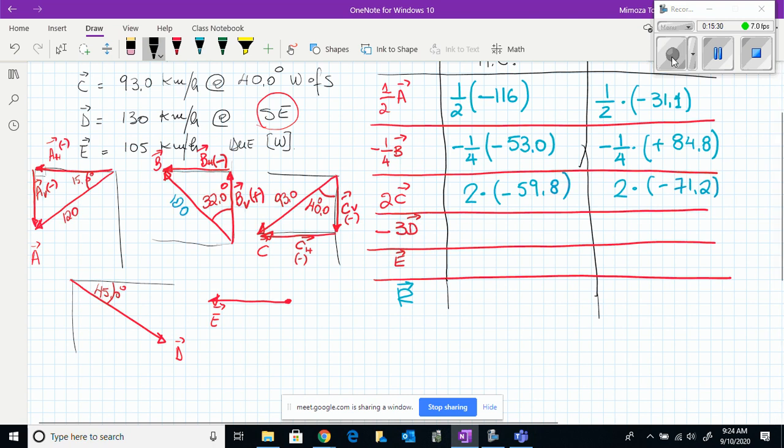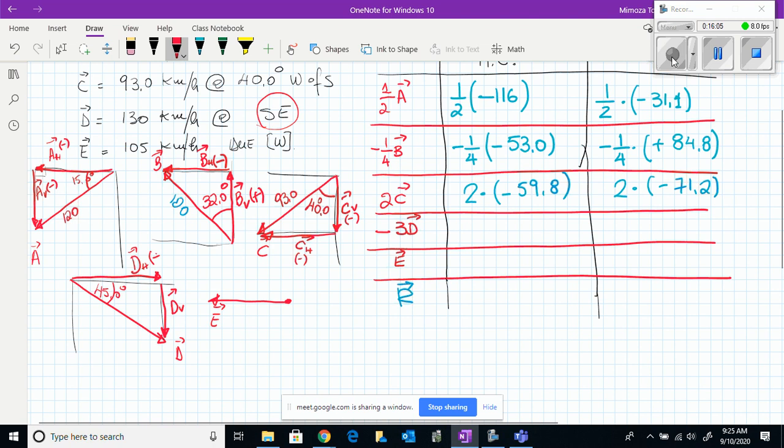Now we'll move to the next vector, vector D, and we will have to create a right angle triangle including the given angle. This is the path that you will follow, guys. This creates two sides, and the sides that are in the horizontal direction are the horizontal components, and the sides that are in the vertical direction are the vertical component.